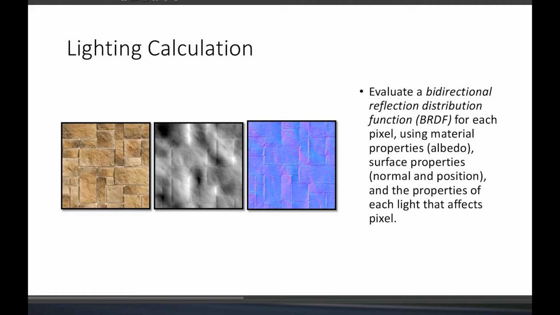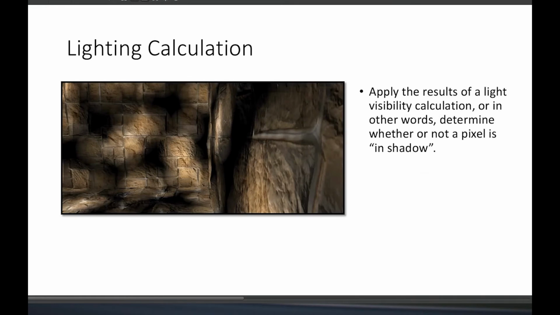And obviously, we also need the properties of each light that I mentioned: the radius, the position, the direction if it has one, etc. Okay, and once we know the lights that are going to affect the geometry, and we compute the BRDF function, we need to apply the result of a light visibility calculation to all the pixels in the screen. So we are going to sum the contribution of each light. For example, this area is in shadow, and there are different shininess levels in these other areas.